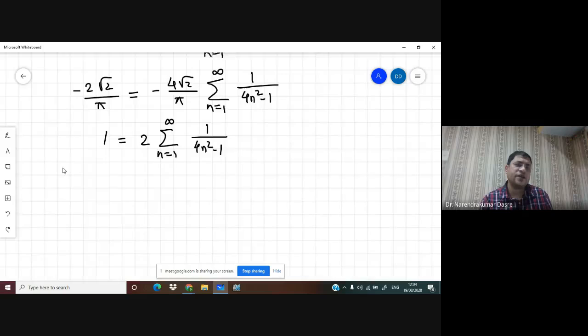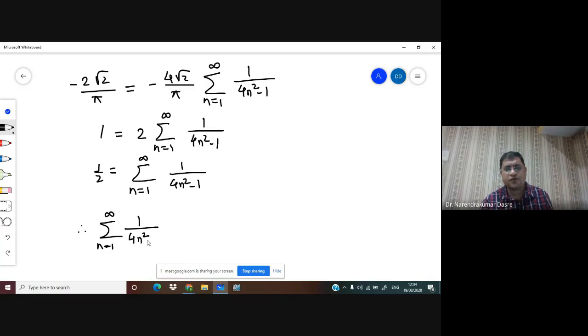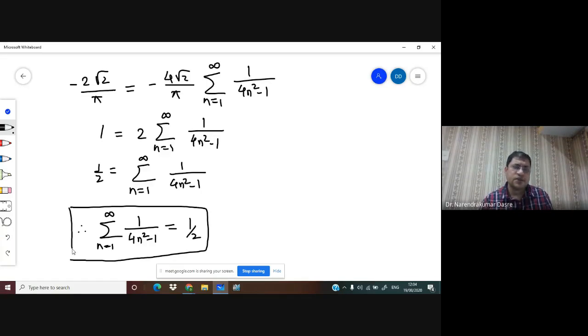Or we can write this as half is equal to summation n running from 1 to infinity 1 upon 4n square minus 1. Or we proved that summation n running from 1 to infinity 1 upon 4n square minus 1 is equal to half. This is how we are able to prove claims using the Fourier series.